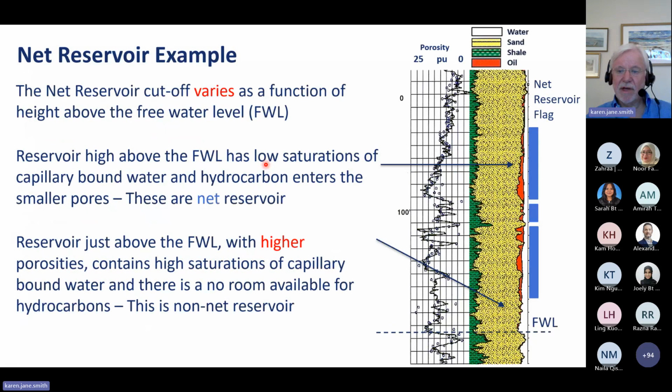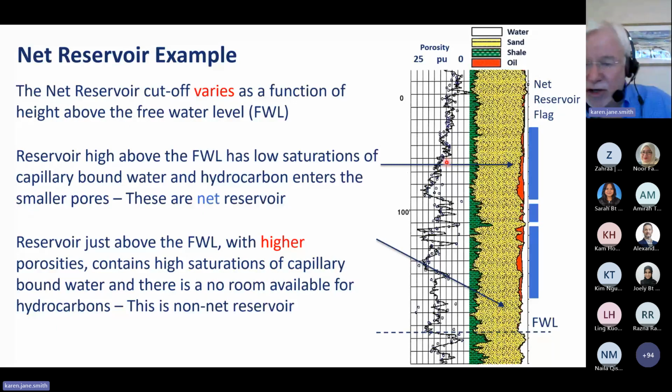So on the right here, we've got porosity varying throughout the reservoir, and we've got the CPI, computer processed interpretation, and we see the hydrocarbon, the oil, in red, and we see the water on the right-hand side. Now, the hydrocarbon varies a lot because it can only go into the rock which the water doesn't require. So it decreases slowly with the height above the free water level.